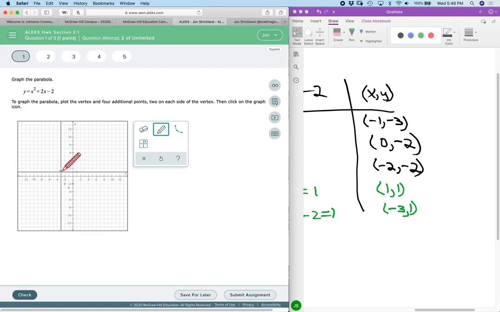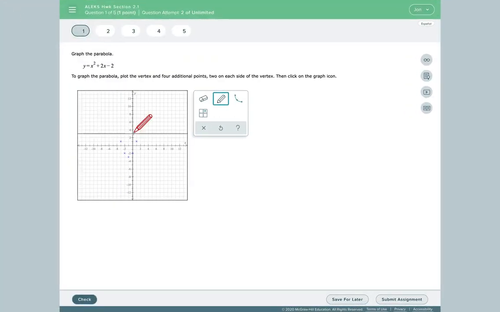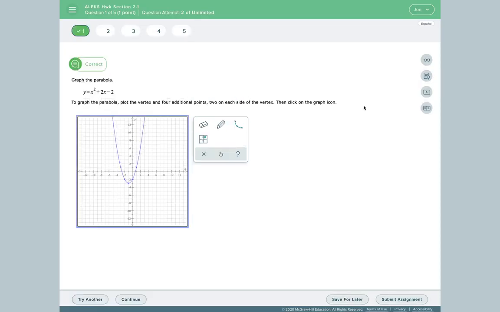Then we have negative 3, 1. Alright, so I had the vertex negative 1, negative 3, 0, negative 2, negative 2, negative 2, 1, 1, and negative 3, 1. So I got 5 points here. And connecting and checking, the result is correct.